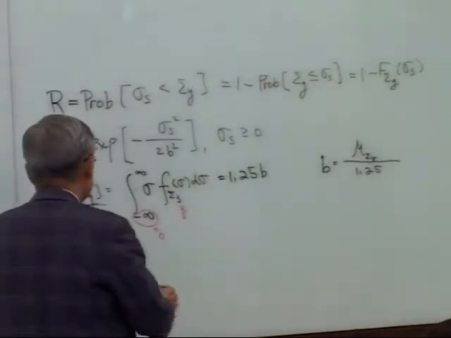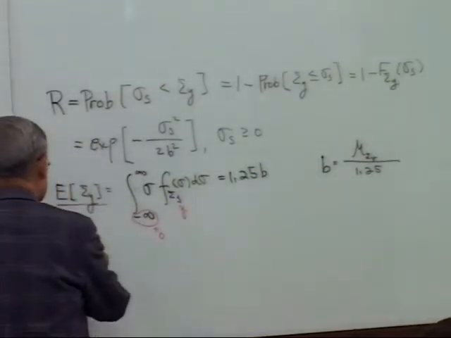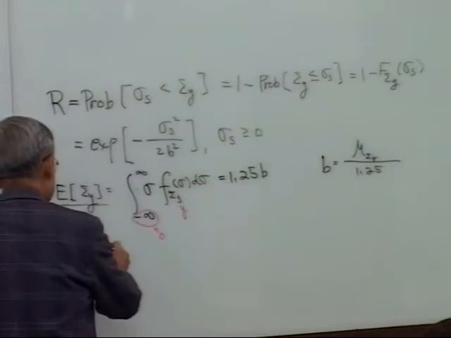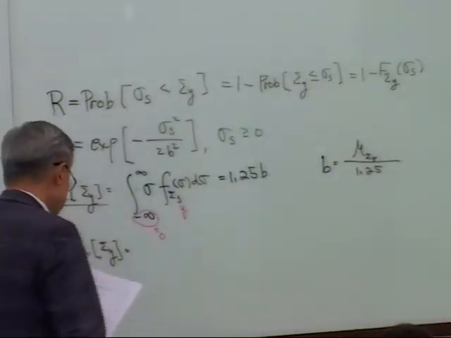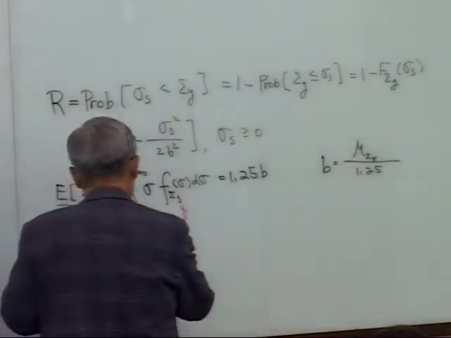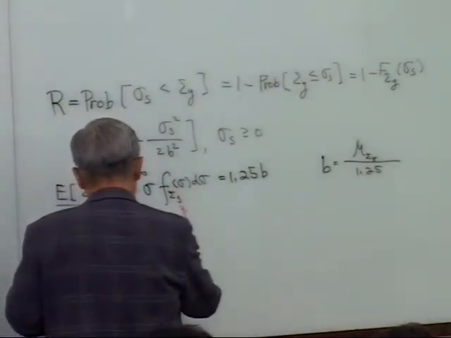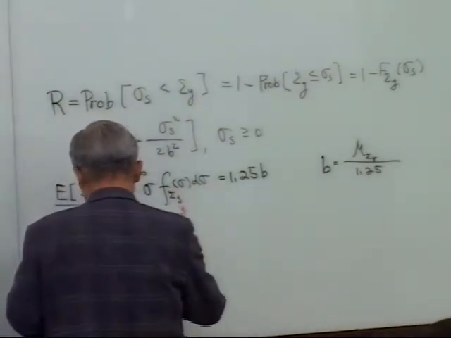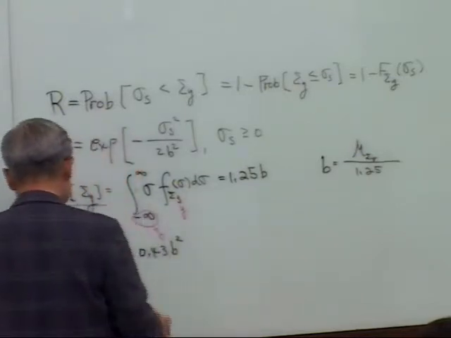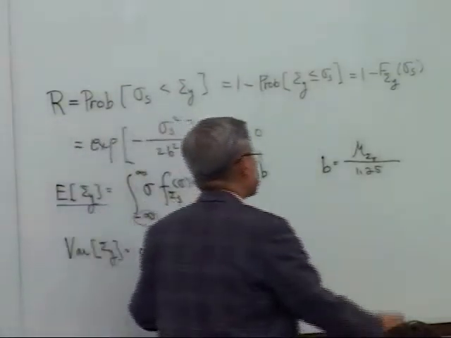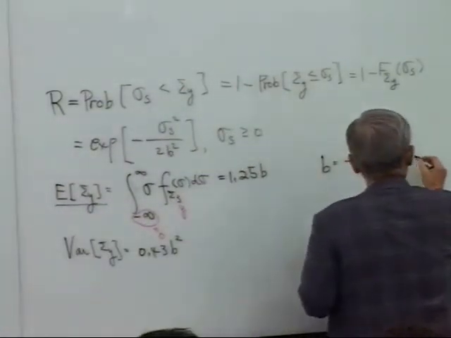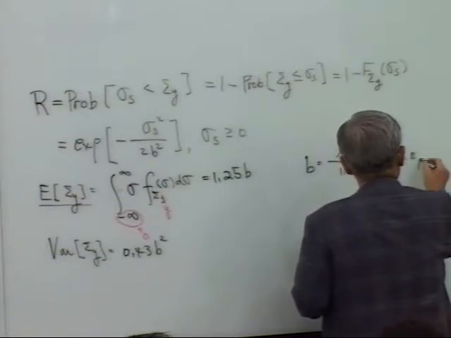And also the variance. I keep writing VAR, variance, standard deviation squared. You have 0.43 b squared. This is equal to 0.8.